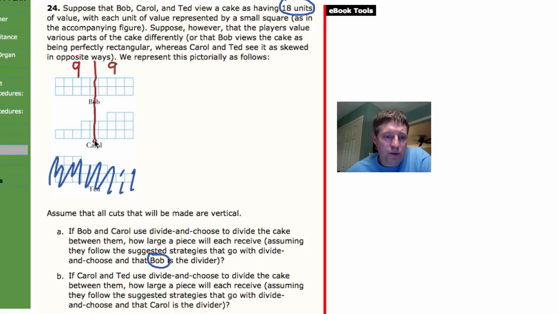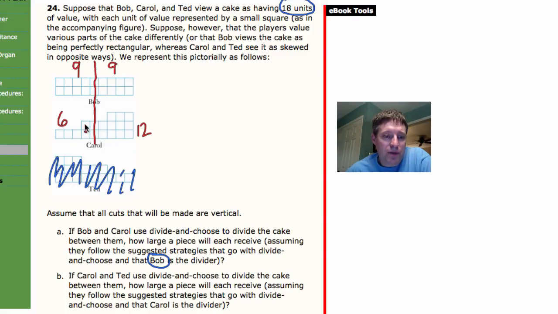As Carol views the cake, the cut goes right through there. Now, from her perspective, she believes that this piece is way more valuable on this side than on this side. In fact, if you count the value, 1, 2, 3, 4, 5, 6, 7, 8, 9, 10, 11, and 2 halves, the right part of this piece is way more valuable to Carol than the left side.